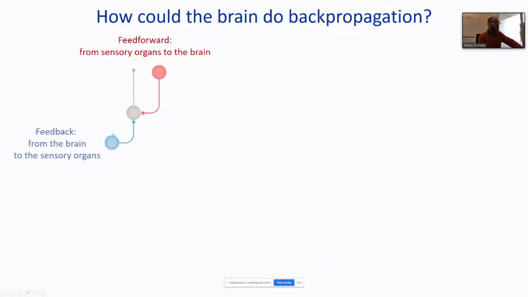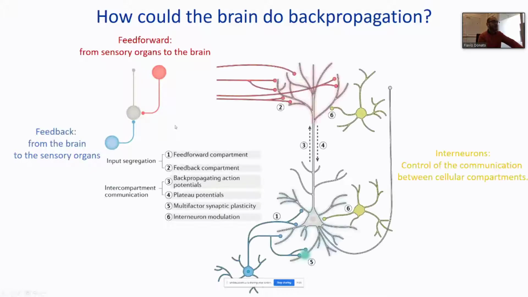And those seem to converge even on individual neurons. If you look at individual neurons in the primary sensory area, they get a feed-forward pathway from the sensory organs and also a feedback pathway from the higher cognitive areas. The interesting thing that is emerging is that these two pathways seem to converge onto two different compartments of the neuron.